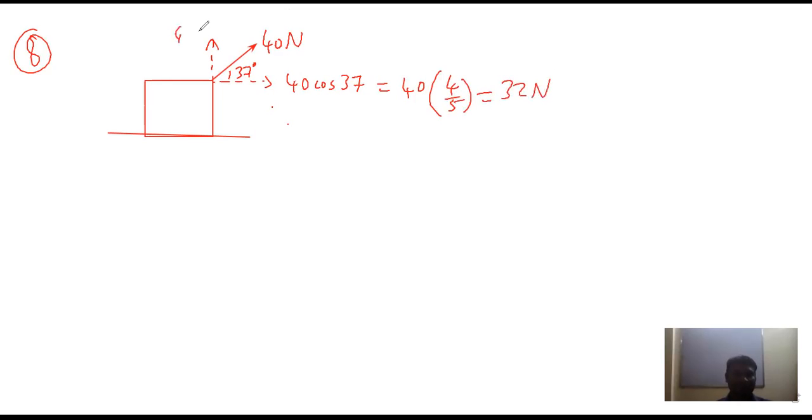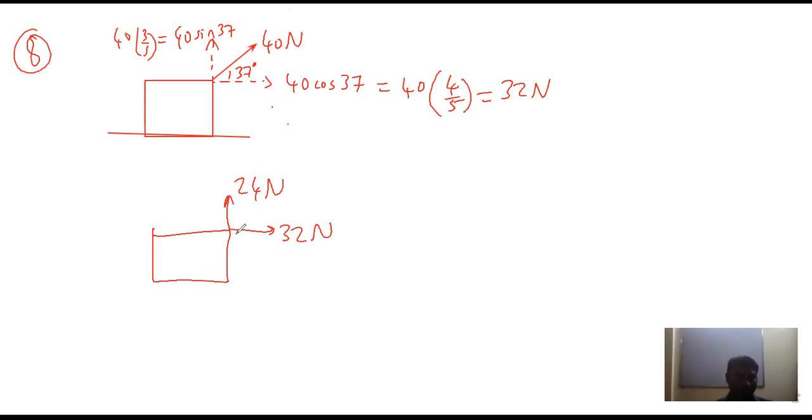And 40 sin 37, which is 40 into 3 by 5, so that is 24. In the vertical direction we have 24 Newton, in the horizontal direction 32 Newton. These are the components of the forces.